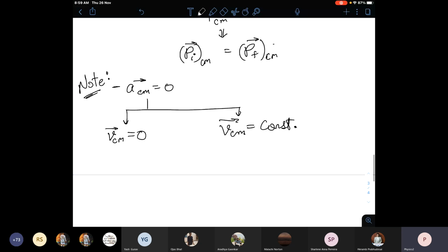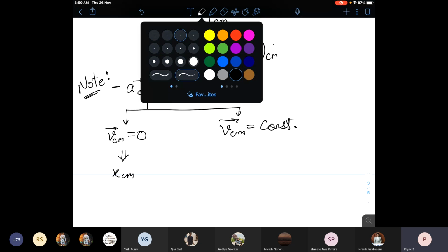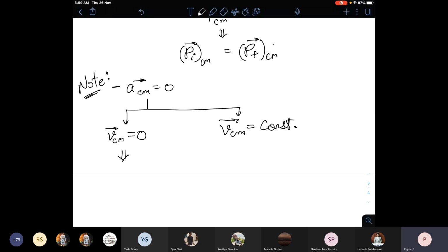Now see, if velocity of center of mass is 0, what can you comment about xcm? There are not two possibilities, there is only one. What can we comment about the displacement of center of mass? 0. That's it.